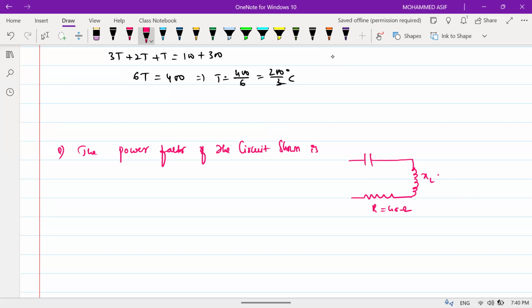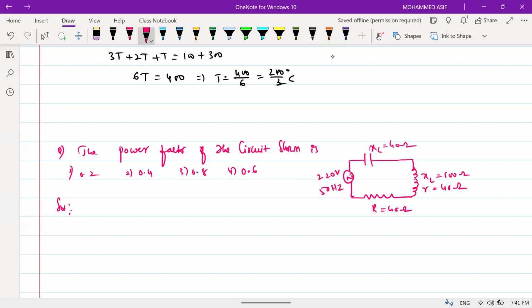Inductor XL is equal to 100 ohms, and the resistance of this one is given as 40 ohms. That is connected to an AC source. AC source potential is 220 volt and frequency is 50 hertz. Capacitor XC is equal to 40 ohms. Options are 0.2, 0.4, 0.8 and 0.6.